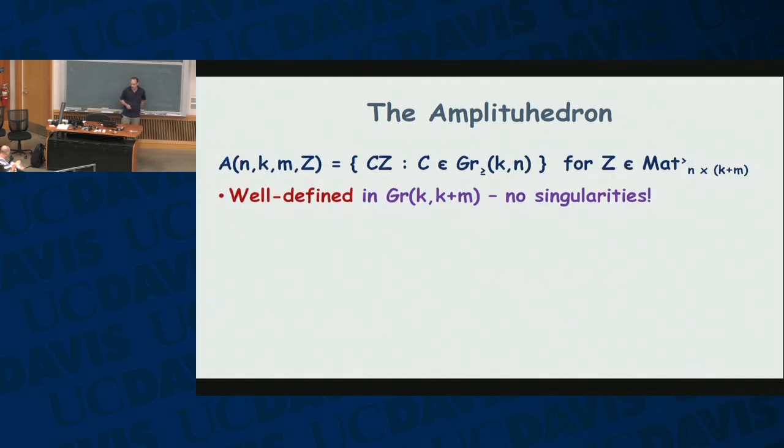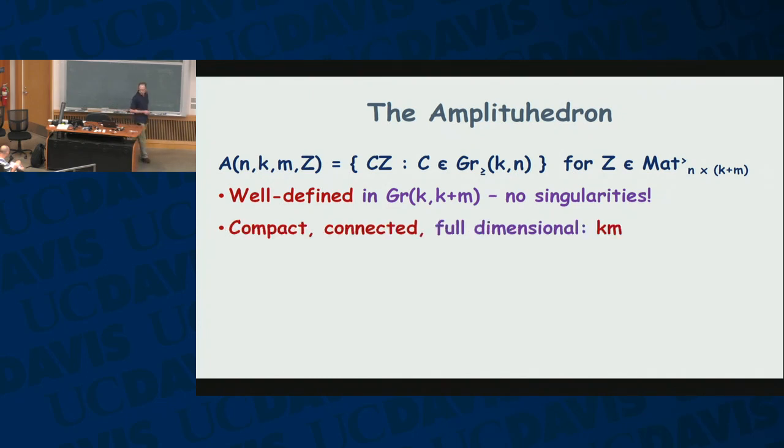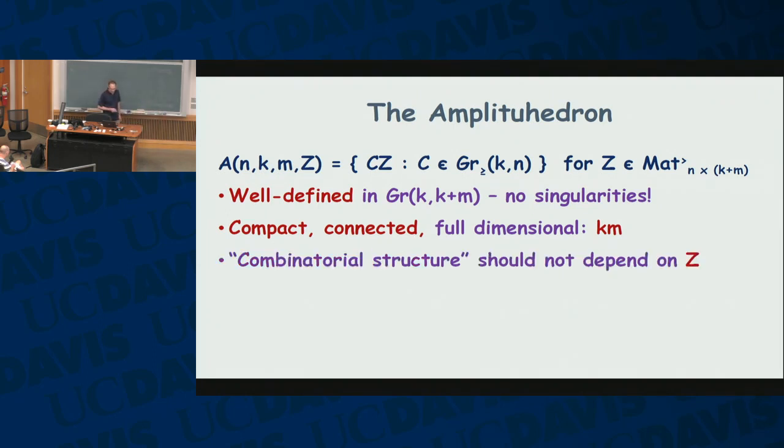Here's the definition again in one line, and let's mention some facts about the Amplituhedron. As we said, it's well defined, it's compact, it's connected, and it has full dimension in its ambient Grassmannian, which is k times m.